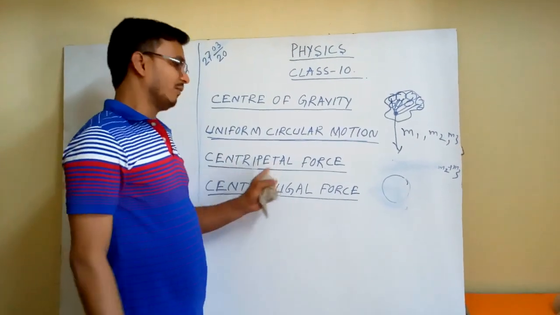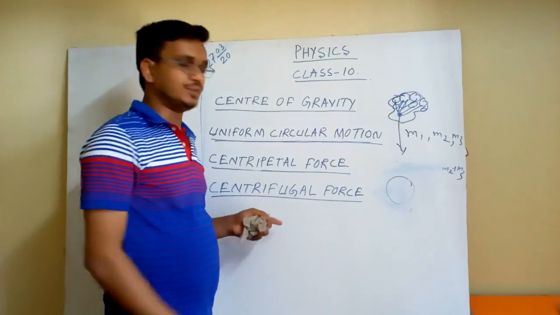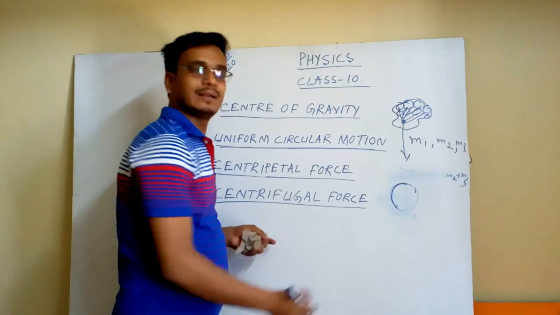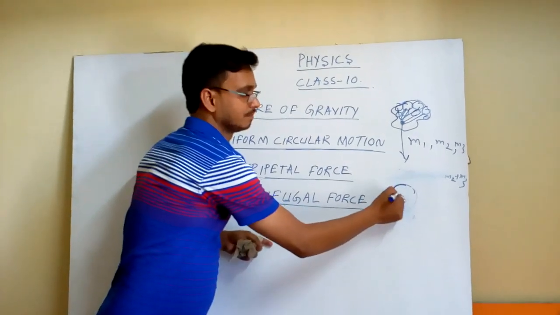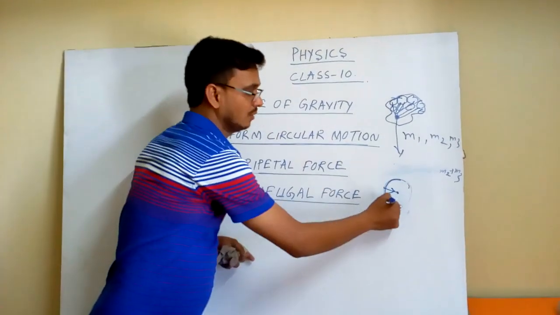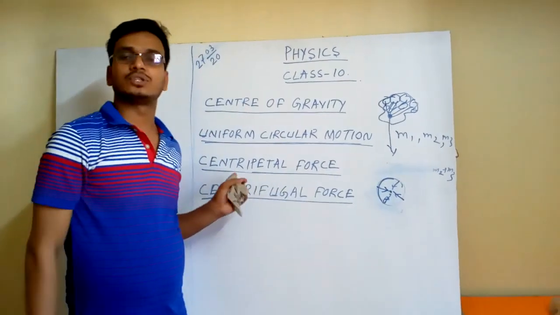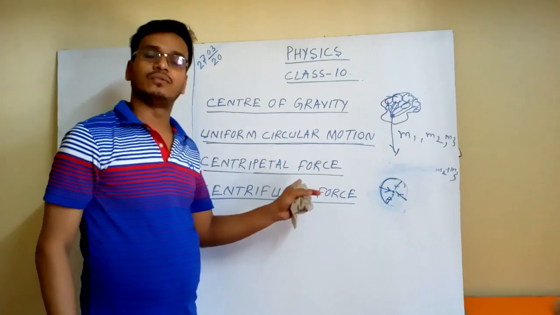So centripetal force means when an object moves in a circular path and the force acts towards the center, force all the time acting towards the center, this type of force is known as centripetal force.